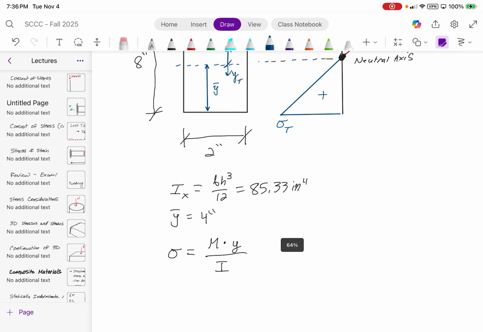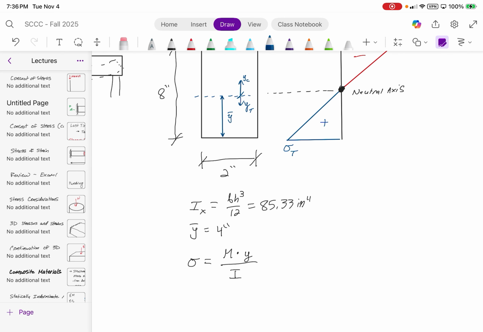So here, if you wanted to find the stress at the neutral axis, this value y would be what? It's the distance from the neutral axis. If we wanted to find the stress at the neutral axis, how far away would we put it for y? The answer would be 0, because we're analyzing it at the neutral axis, so there's no offset distance. Does that make sense?